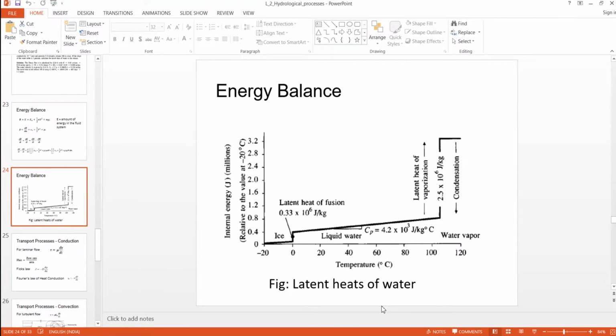In the hydrological cycle, water moves from land and oceans to the atmosphere and back to land, and also from the atmosphere to the poles. Here water changes its phases. From the ocean when it evaporates, it becomes vapor.